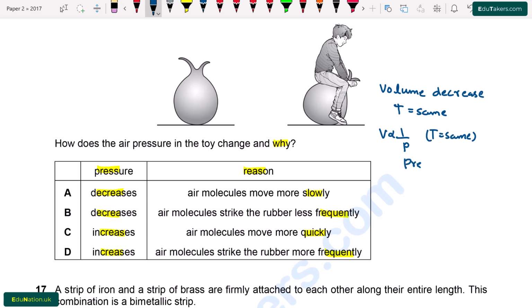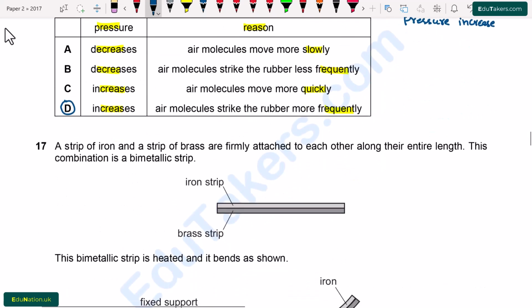So here pressure increases. And we also have to describe the reason for the increase in pressure. Because when the volume decreases, the molecules inside the rubber strike the rubber more frequently, due to which the air pressure increases. From here, option D is correct.